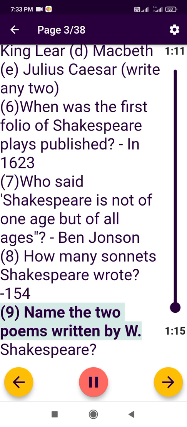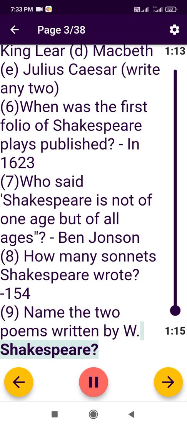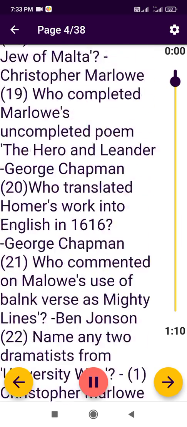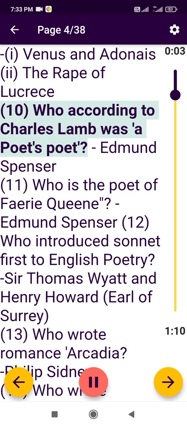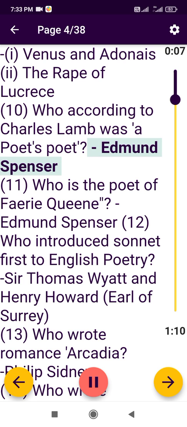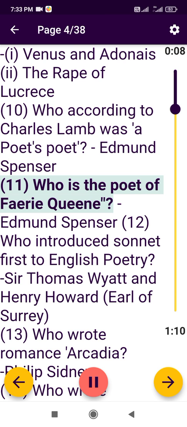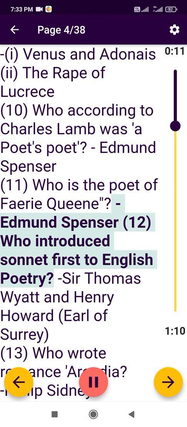Name the 2 poems written by Shakespeare. I. Venus and Adonis. II. The Rape of Lucrece. 10. Who, according to Charles Lamb, was a poet's poet? Edmund Spenser. 11. Who is the poet of The Faerie Queene? Edmund Spenser.